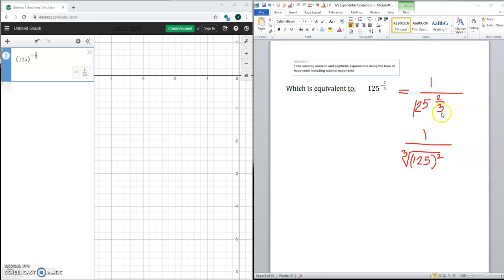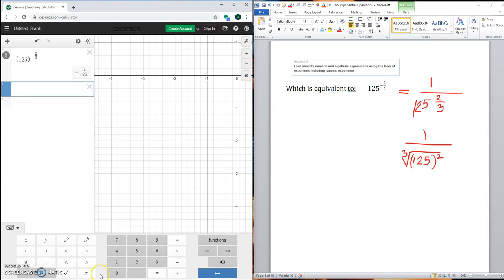So this is actually your cube root. You're looking for the cube root of 125, and once you get that cube root, you're going to square it. So the numerator is going to represent the exponent, and the denominator is going to represent your root, whatever you're looking for. If I plug this in on decimals, we're going to get the same answer.